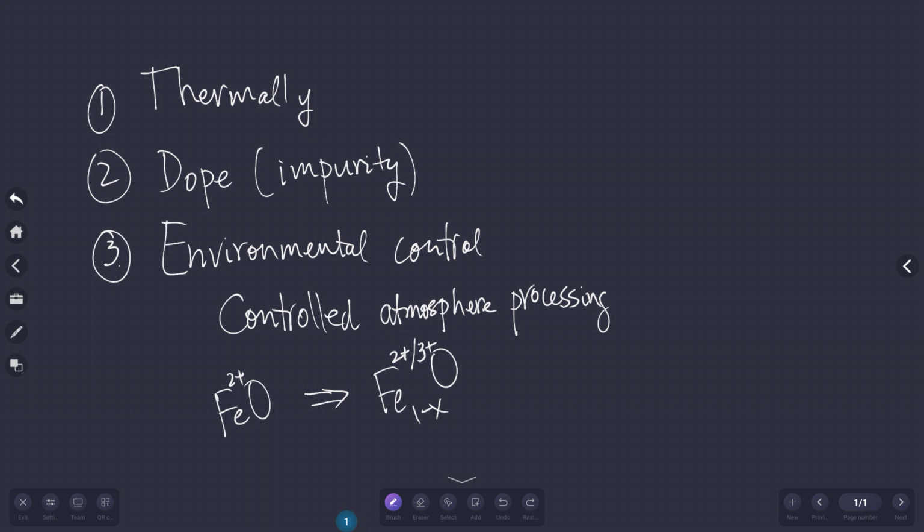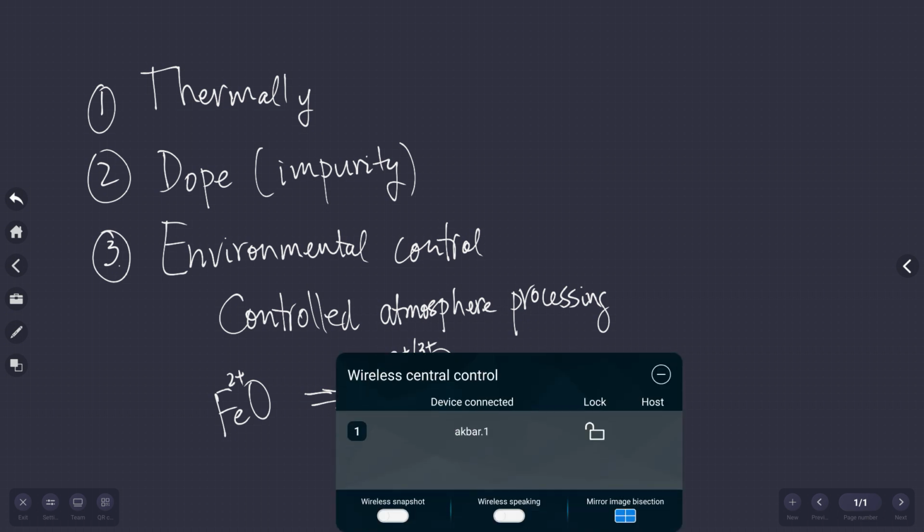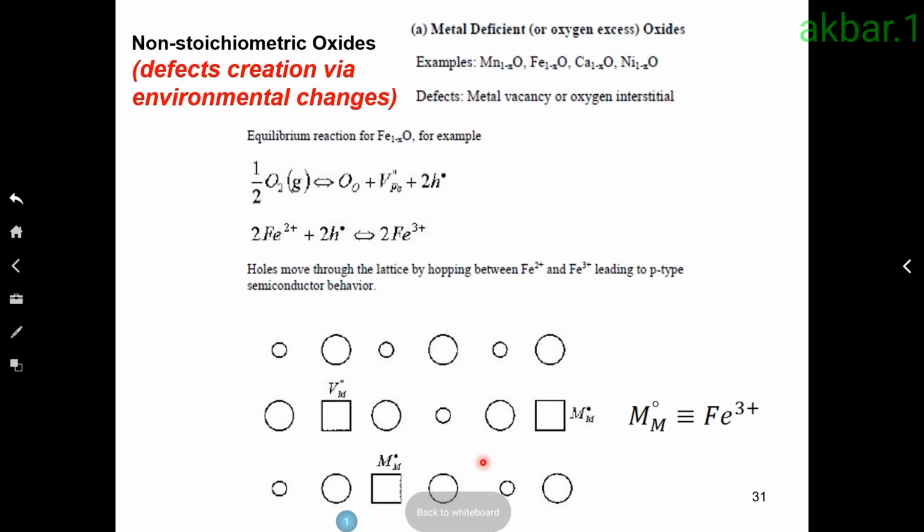This is my cartoon for iron oxide. So you can see that iron is missing here. So vacancy of iron site. And as a result of that, for creation of 1 iron vacancy, 2 of the divalent iron will convert into trivalent. So this iron on iron site, 1 positive charge, is trivalent iron.